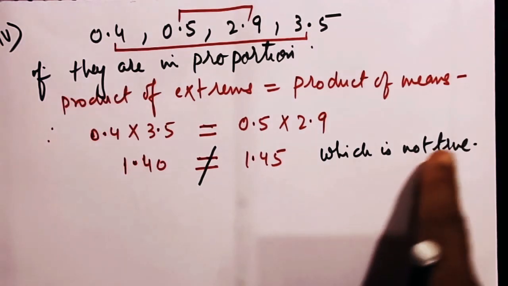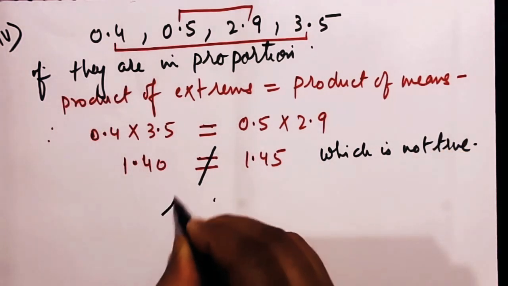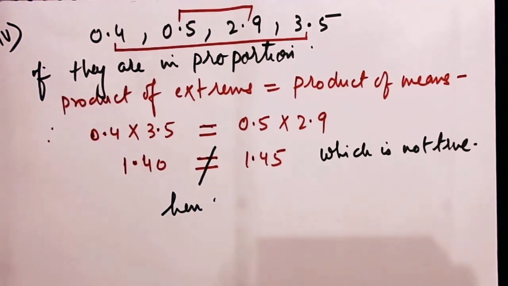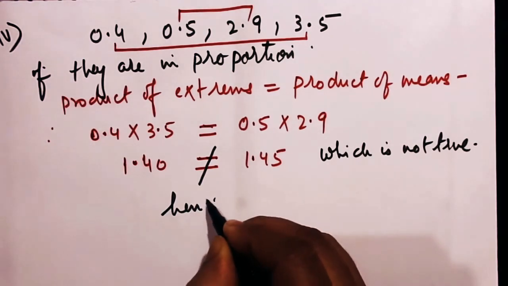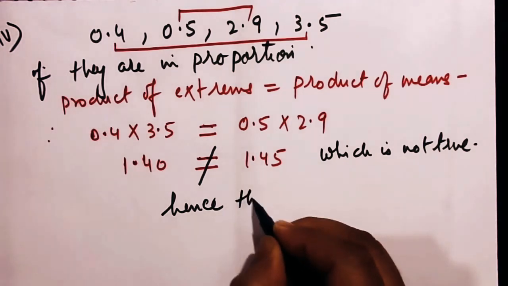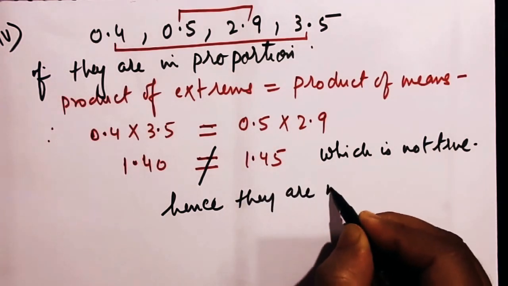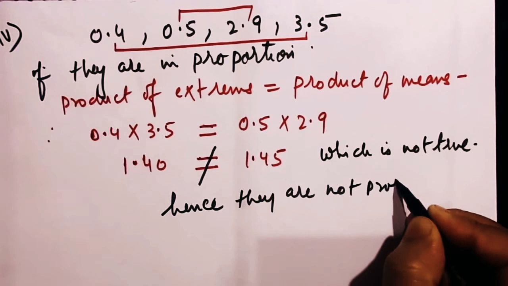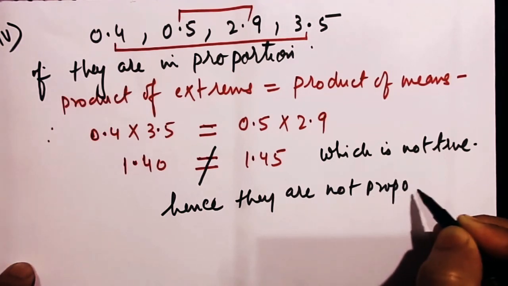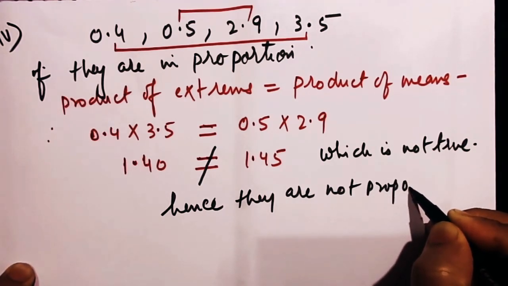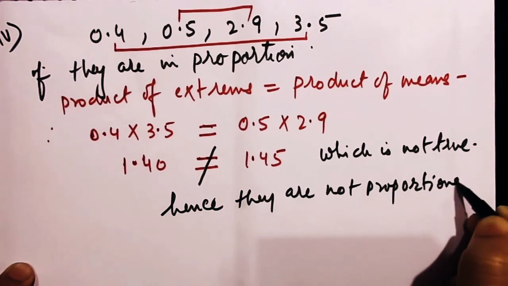So since it is not true, hence, not HEN, it is HENCE, they are not proportional, or you can write not in proportion, isn't it?